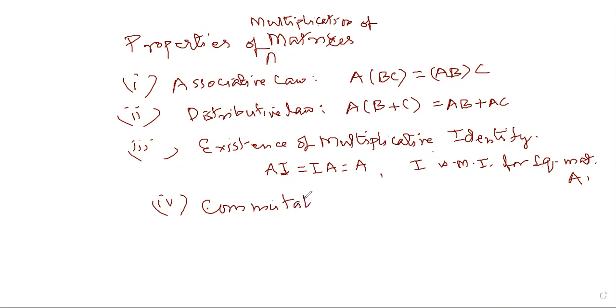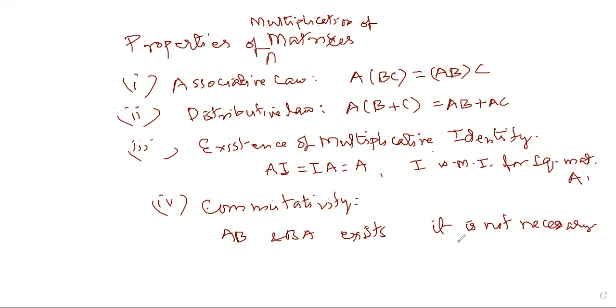Sometimes it can be, but not always applicable. Multiplication we are getting some result, but it is not necessary that AB is equal to BA. It can be, it cannot be.